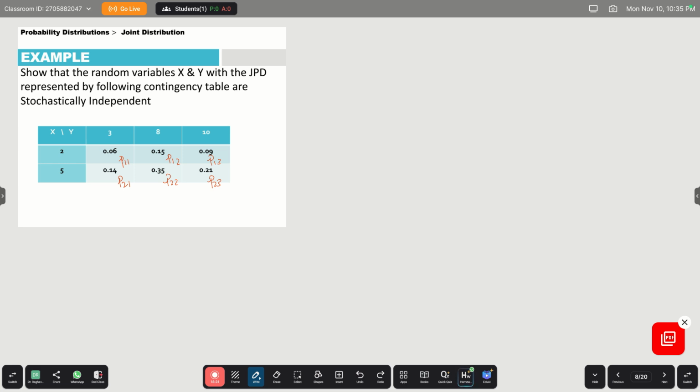To check whether they are stochastically independent or not, first we need the marginal distributions of x and y. So let us find the marginal distribution of x first. 2 and 5 are the values x is taking, and y is taking the values 3, 8 and 10.